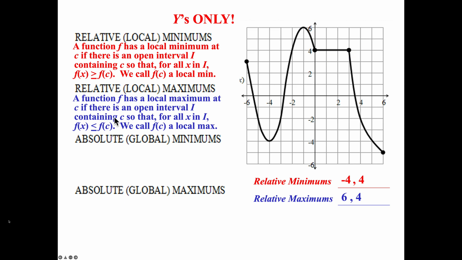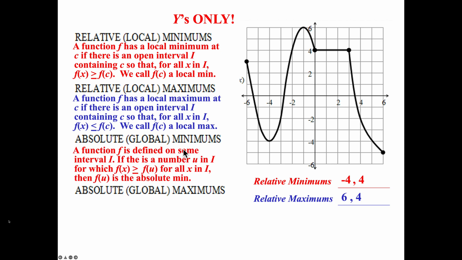All right, absolute or global mins. Okay, and here's what we're going to do to the definition. We're no longer going to have a small open interval. Our interval is now the entire graph. All right, now we're looking at the whole entire graph. What is the lowest possible y-coordinate?